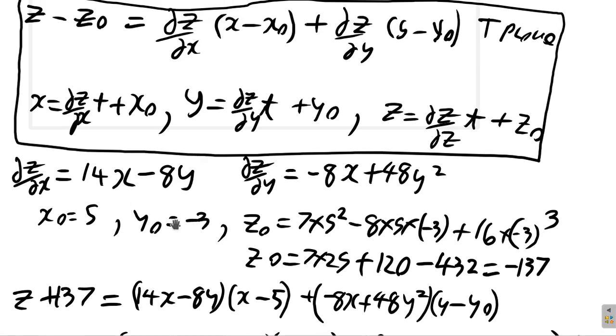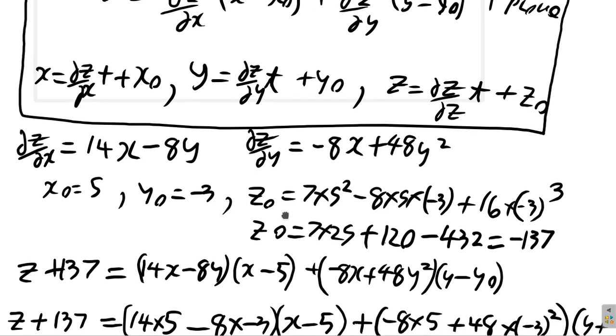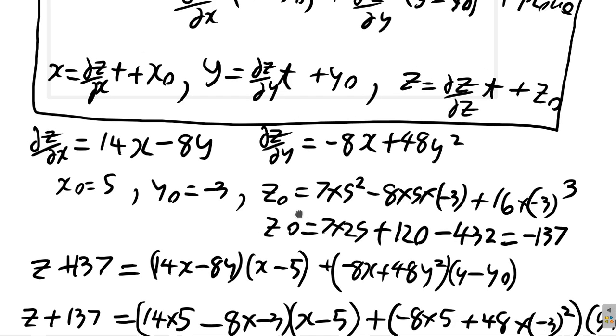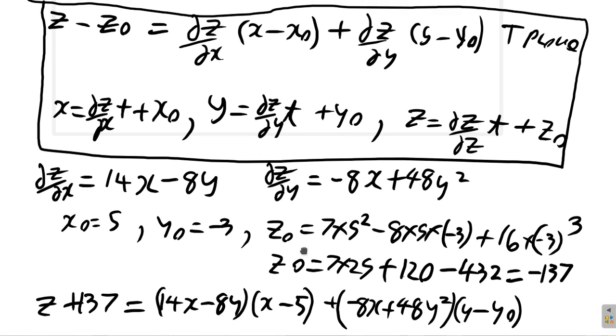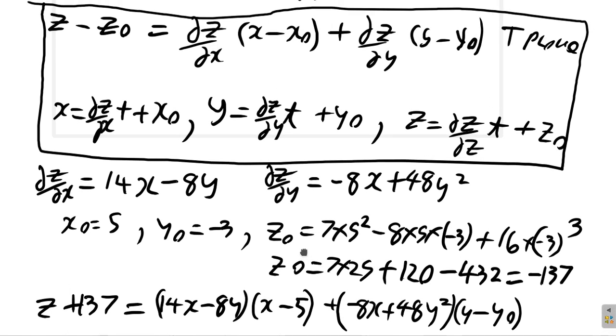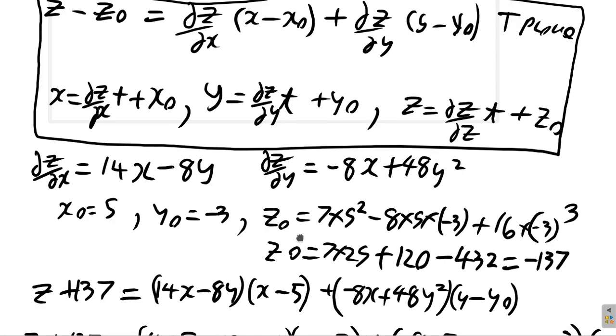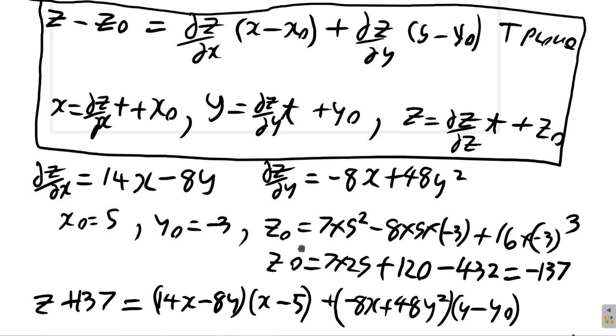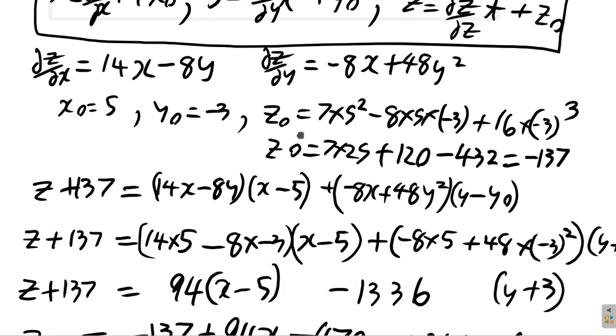X naught is 5 and y naught is negative 3. So z naught is negative 137. Okay, good. So z naught plus 137, which is minus negative 137. 14x minus 8y.